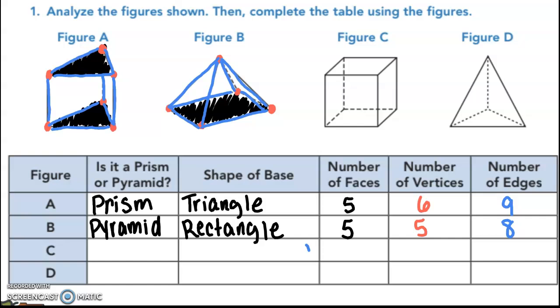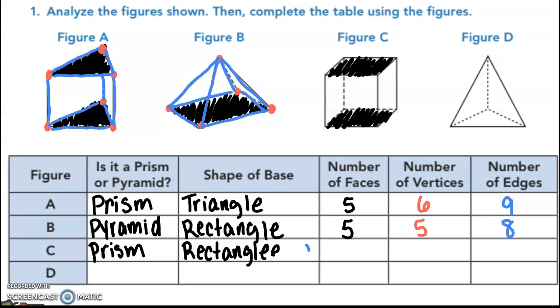Okay, figure C, I have 2 bases. One right here and one right here. So that's going to be a prism. The shape of the base is a rectangle. And the number of faces, I have the 2 bases, and then I have 4 around the side, so that's 6 faces.